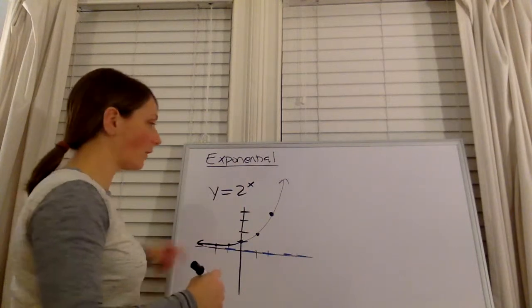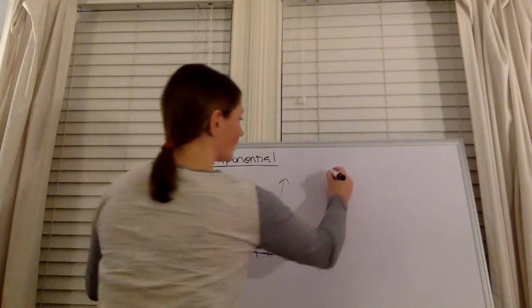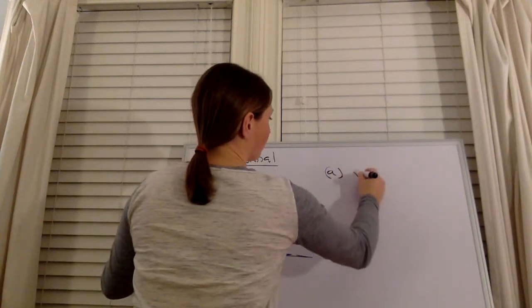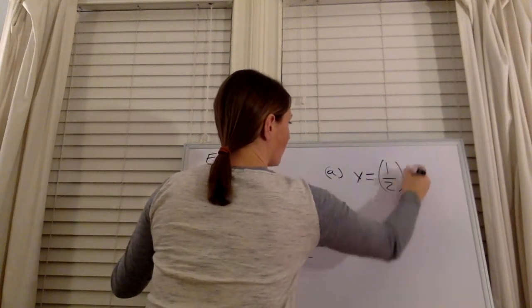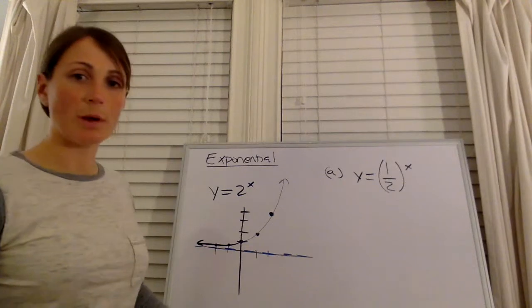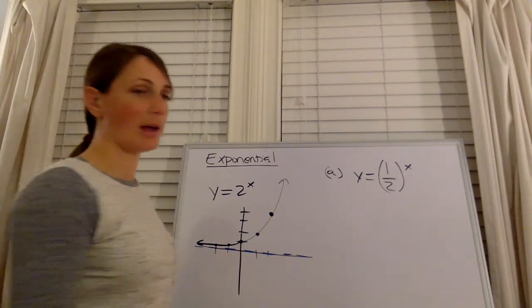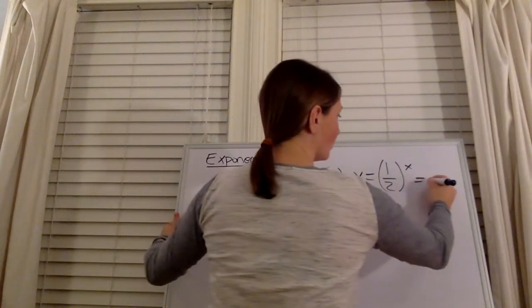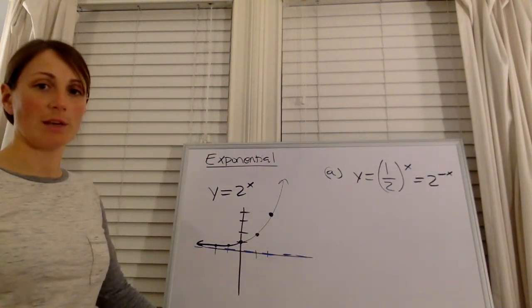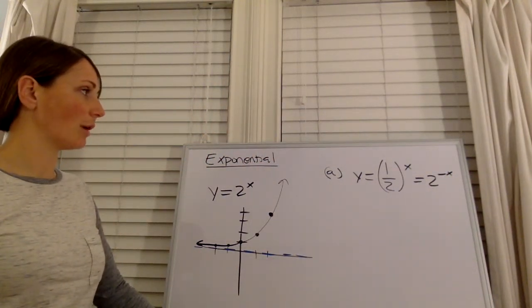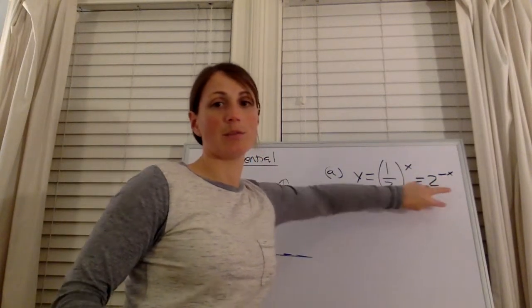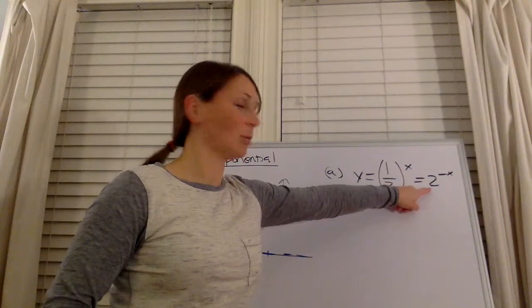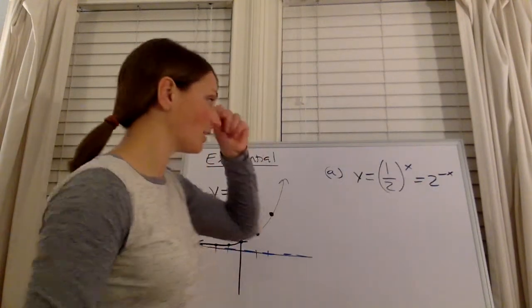So consider these variations on 2 to the x. Okay, y equals 1/2 to the x. That is, of course, equivalent to 2 to the negative x. Just use a simple law of exponents, right? To the negative x, to make that exponent positive means I would flip this and make it the reciprocal, 1 over 2 to the x.